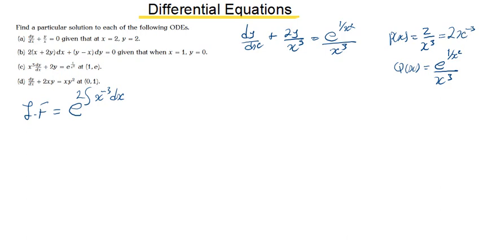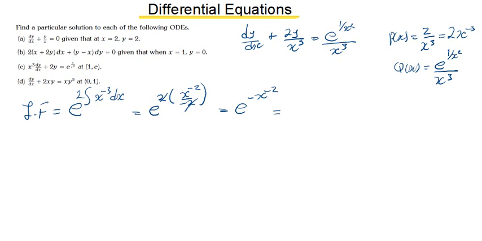So now what happens here is that you're going to have e to the power 2, open bracket, x to the power negative 2 divided by negative 2, because on the negative 3 you're saying negative 3 plus 1, giving you negative 2, and you do the same on the denominator. So the 2 goes and the 2 goes, remain with e to the power negative x to the power negative 2.